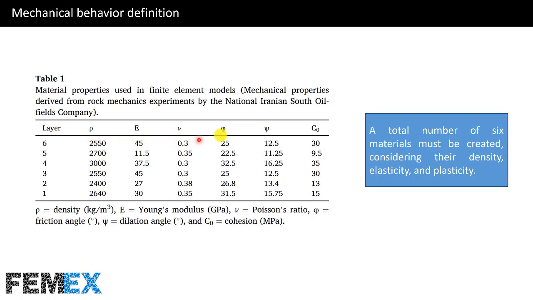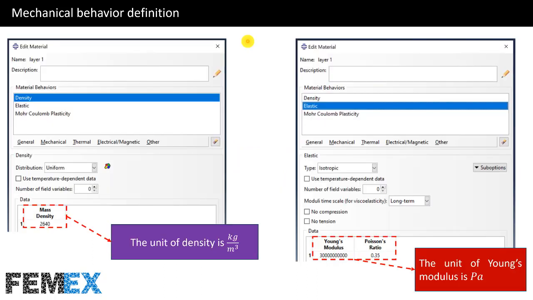properties, and plastic properties. So we must define 6 different materials and assign each of them to one of the layers. Now you can see the material definition of the first layer.